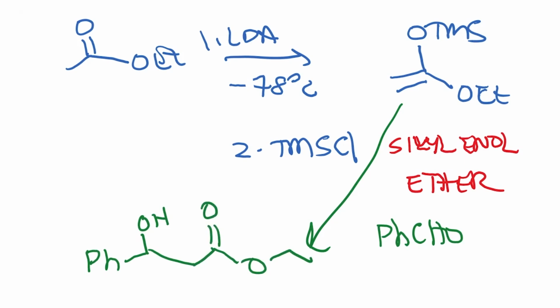Here again, let's keep the same numbering: this is 1, 2, 3. This is the bond that is formed. This is 4 and this is 5. So these are pretty straightforward reactions for us to carry out.